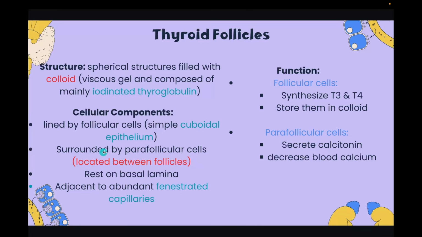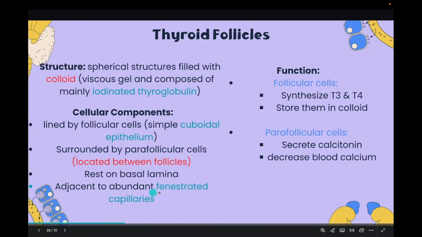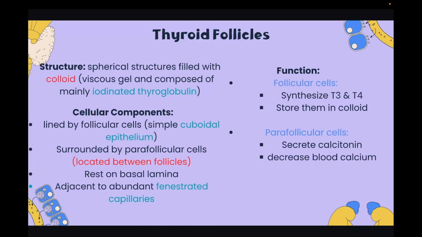Surrounding them are the parafollicular cells, in between the follicles, and I'll show you a picture later to understand it better. You need to know it's adjacent to abundant fenestrated capillaries. Why do you need fenestrated capillaries? So they can easily release, for example, calcitonin or iodinated thyroglobulin.